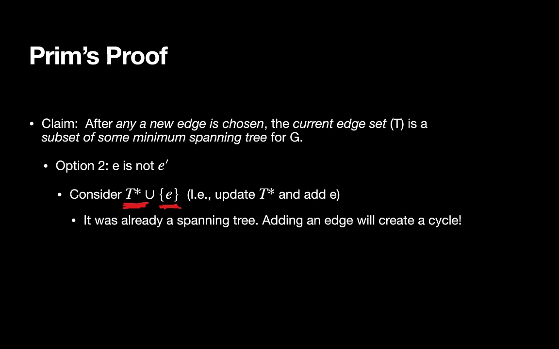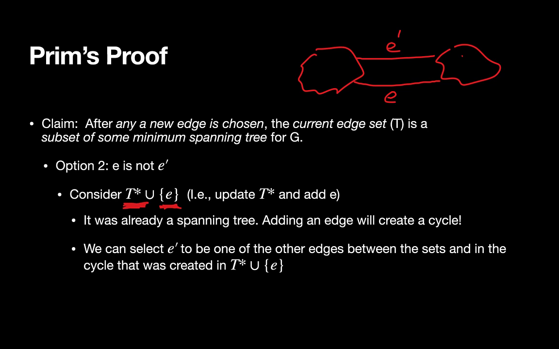So since there's a loop, we've got our nodes that are in the priority queue and our nodes that have been removed from the priority queue. So we've got this E that's going to connect them, and we've got this other E prime that also connects them. And if they're not the same, we've somehow got a loop between these 2 groups of things. So if we add E to T star, it creates this loop. But we can break this loop by removing some edge E prime that was in T star.